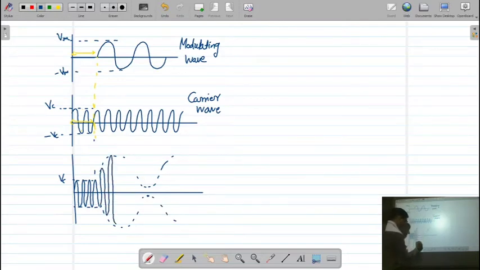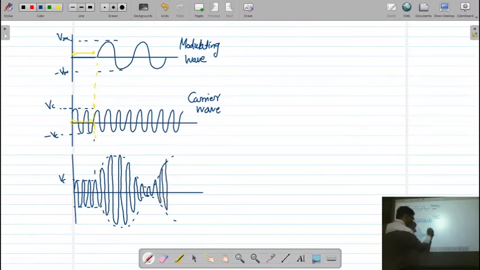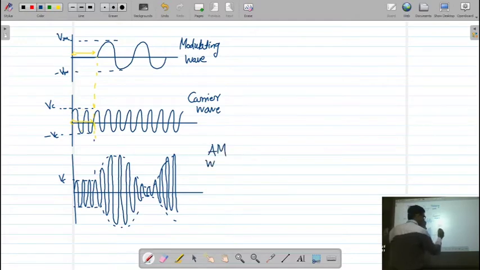The amplitude of the carrier wave goes on increasing and then starts decreasing as the amplitude of the modulating signal changes. So this is an amplitude modulated wave, you can say AM wave.